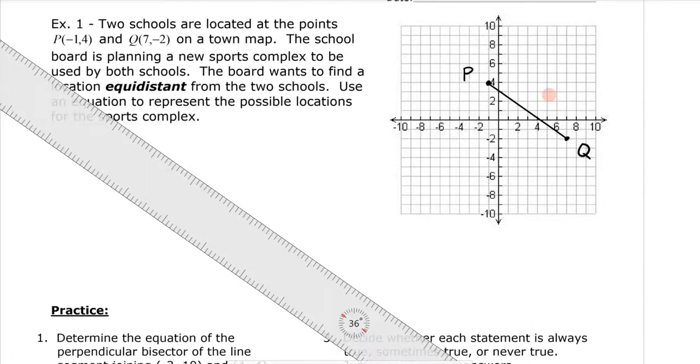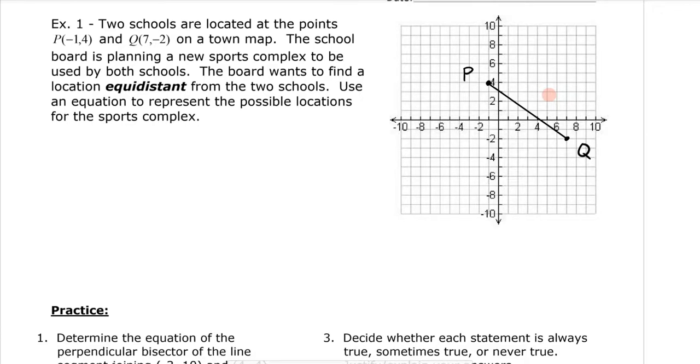Okay, so I need to find the midpoint of P and Q, and I'm going to find the perpendicular bisector. So here I'm going to find the midpoint. So M of P and Q, I use capital M for the midpoint, and I find the average of both the x values and the y values.